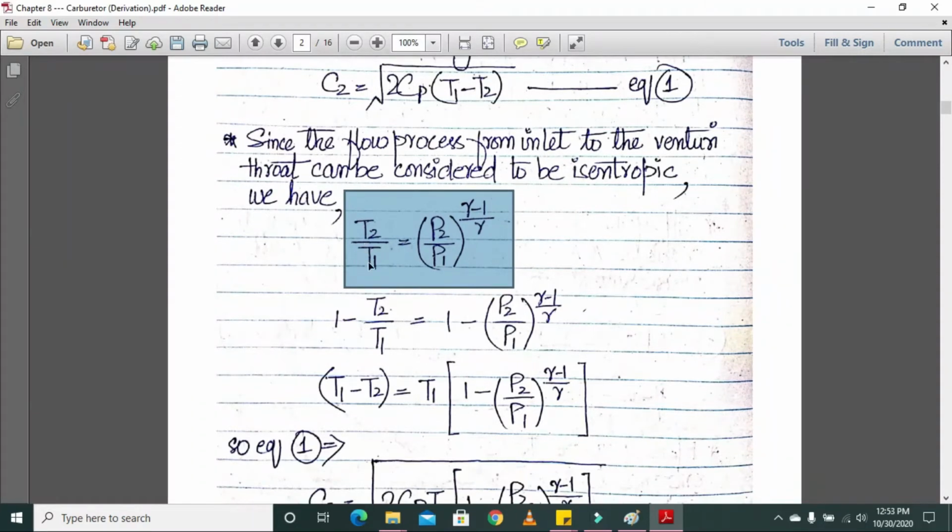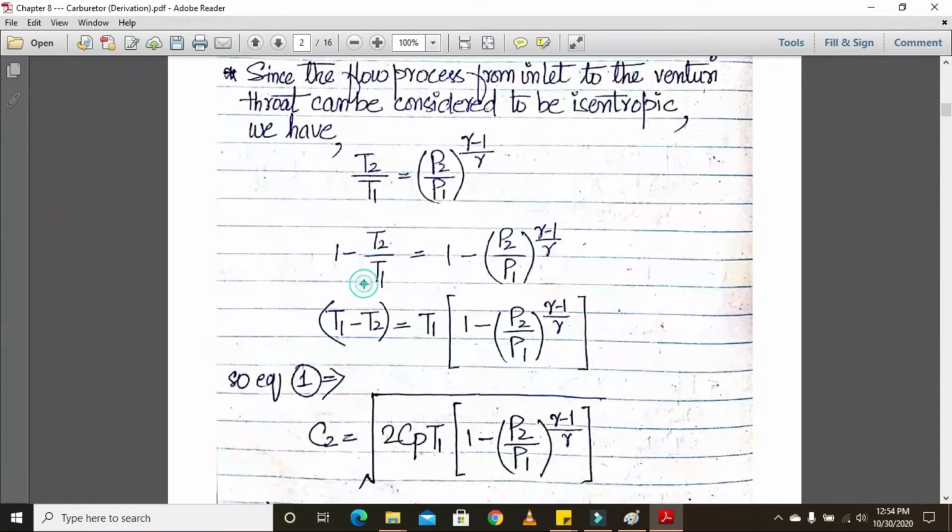And in the next step we will simply multiply this T2 upon T1 from 1, and we will also do the same thing on the right hand side, and we will subtract this P2 upon P1 to the power gamma minus 1 upon gamma from 1.